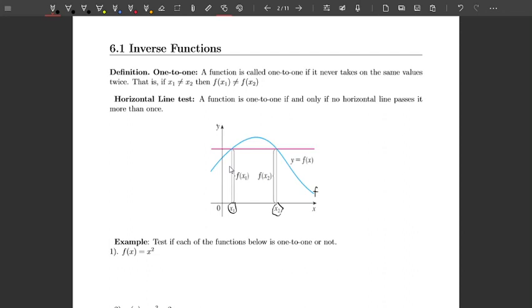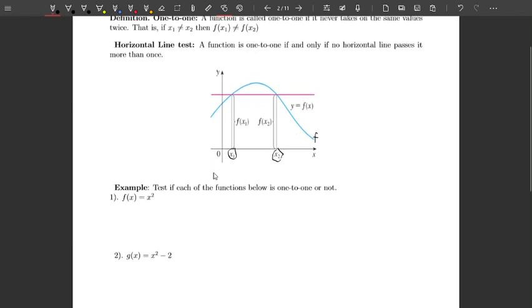Is f of x1 equal to f of x2? If that is the case, then this function f is not one-to-one. But if f of x1 is not equal to f of x2, then it's one-to-one. So clearly, the function shown by this graph here is actually not one-to-one.